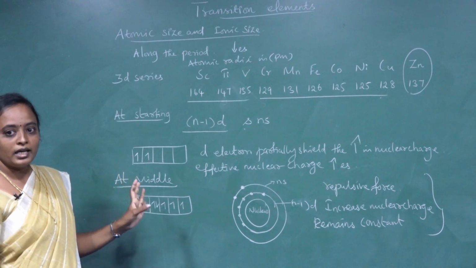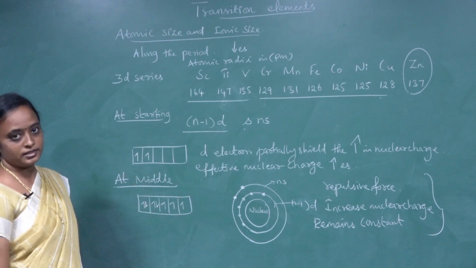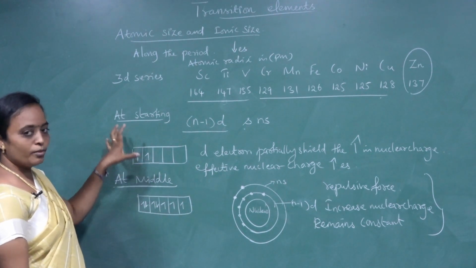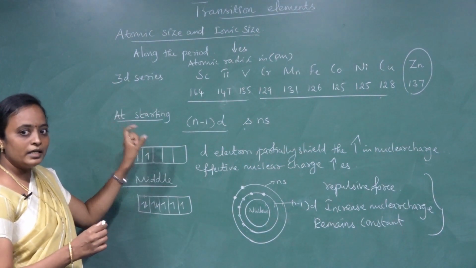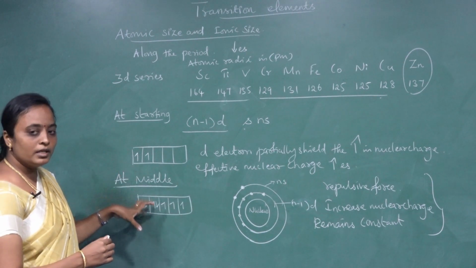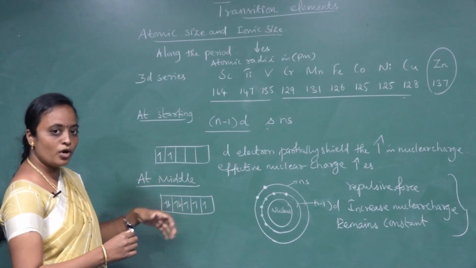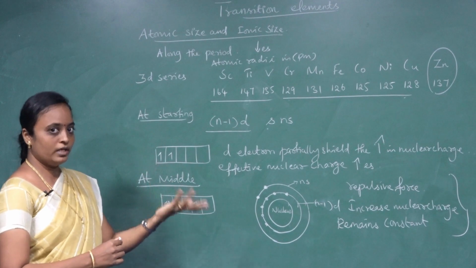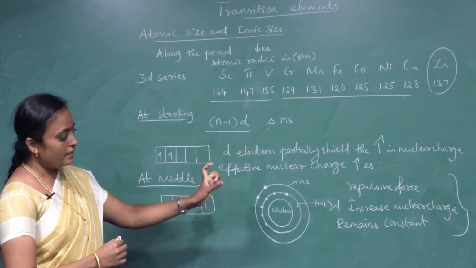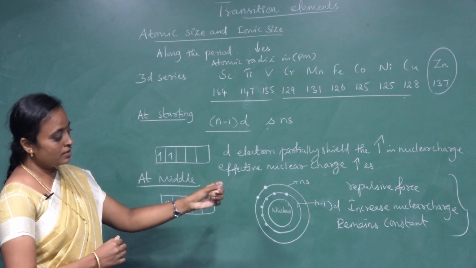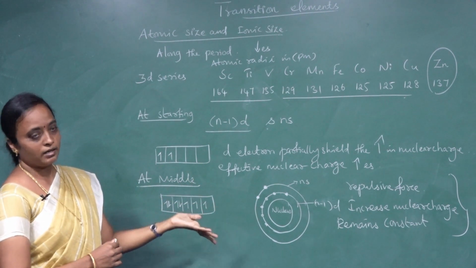Suppose you are taking the end of the series. We were discussing the start, where the d electrons only increase a little bit. In the middle, the d block elements have pairing started, so more than 1 or 2 electrons are added in the d subshell, and there you experience repulsive forces between the electrons.